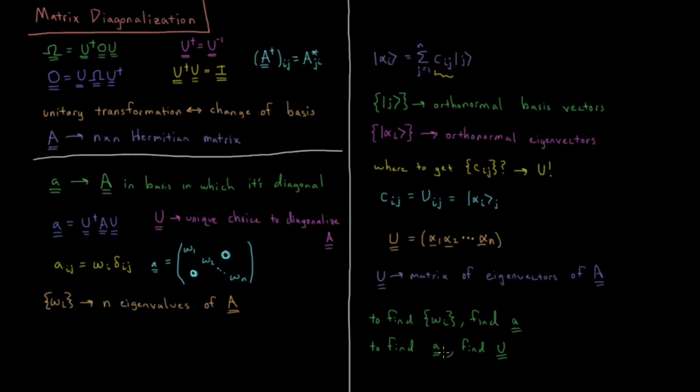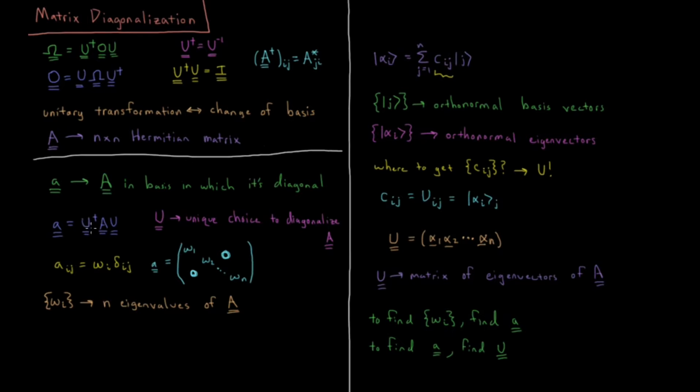And to diagonalize a matrix, we need to find the unitary matrix, which results in that unitary transformation to the basis set in which A is diagonal. So the entire process of finding the eigenvectors and eigenvalues of A comes down to finding the unitary matrix which will diagonalize A. Luckily, there are lots of nice computational algorithms which will do that for you. So for anything beyond a 2x2, that would be very difficult to do by hand.